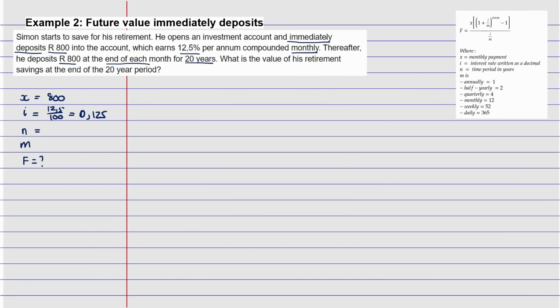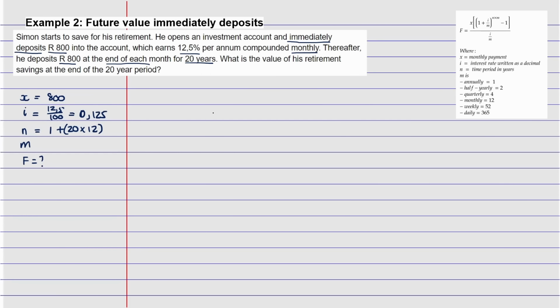Then N is where the immediately comes in. 1 represents the immediately. Then plus, over a period of 20 years, so it's going to be 1 plus 20. Here I need to account for the monthly payment, so it's going to be 20 multiplied by 12.